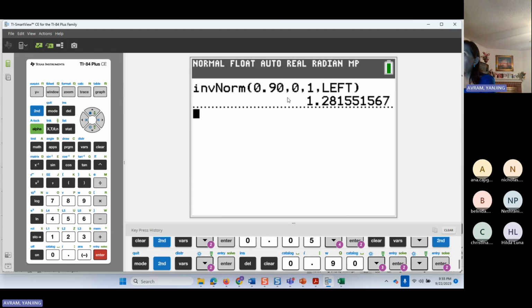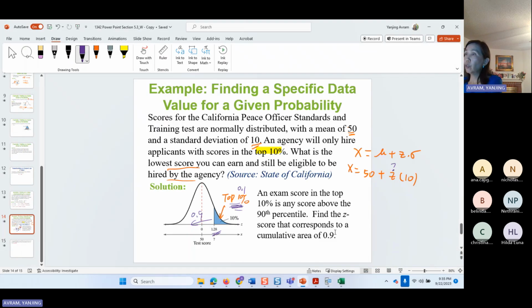So we just look at this one from earlier. With an area to the left of 0.9, my Z-score here is 1.28. So I just plug in 1.28 times 10, which is 12.8, so that's 62.8. If you round to the integer, it's 63. So in order to score in the top 10%, your lowest score must be 63.